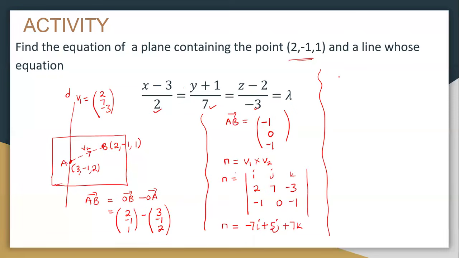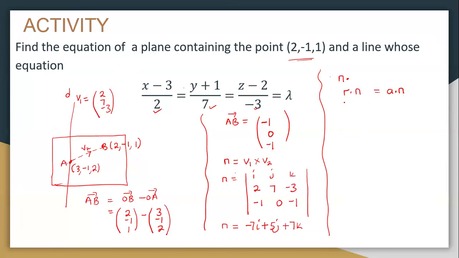Remember we said that you can write the normal vector times r, or you can say r dot n equals our point A dot n. When you are choosing a point, it is okay as long as that point is on the plane, that point will work.